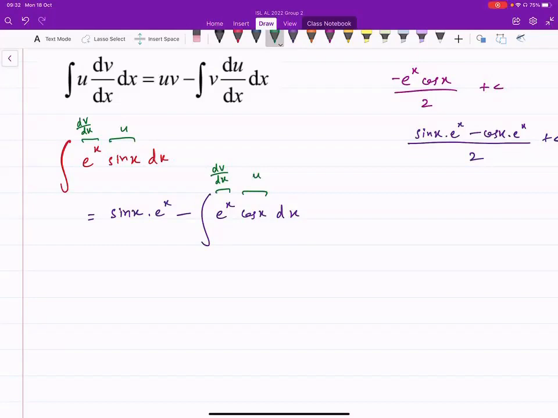What do we get from this now? sin is u, we need du over dx here, right? The derivative of sin is cos. Okay, once we've done that, what do we have here? sin x multiplied by e raised to power x minus the integral of this thing.